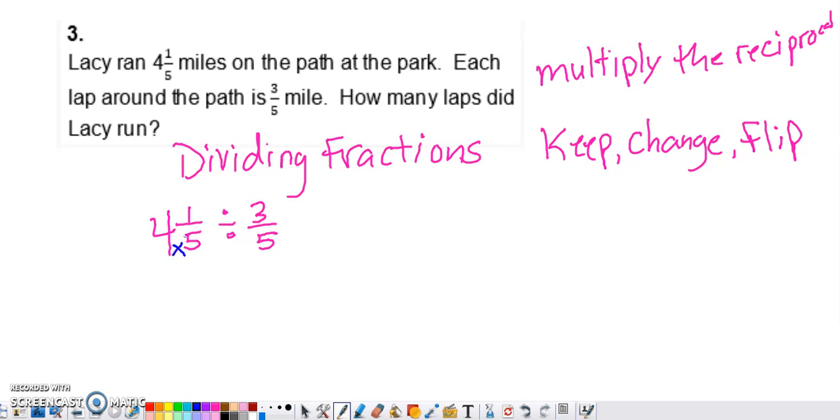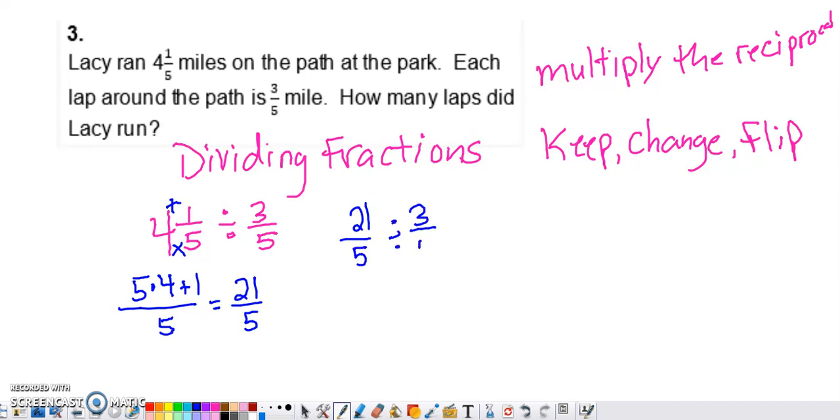So remember this guy. 5 times 4 plus 1 over 5 will give us 21 over 5. Okay, that's the improper fraction. So now we've got 21 over 5 divided by 3/5. So then we're going to go to our rule. We're going to keep 21/5.